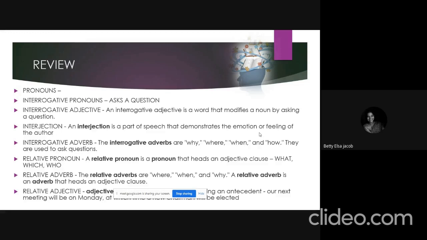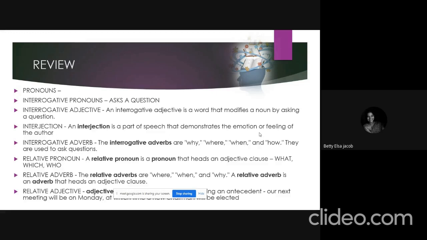Now, interrogative adverbs are again question words which come in a question, and interrogative adverbs are usually why, where, when, and how, because these questions do not give you a noun as an answer. All these would explain a particular action.